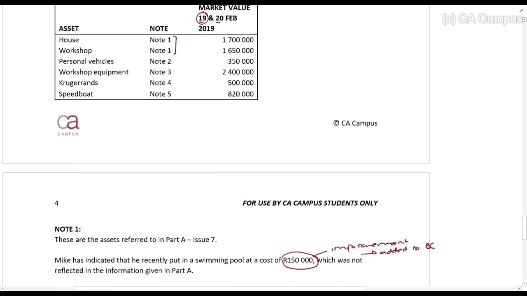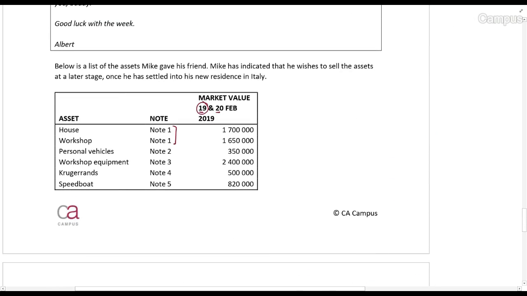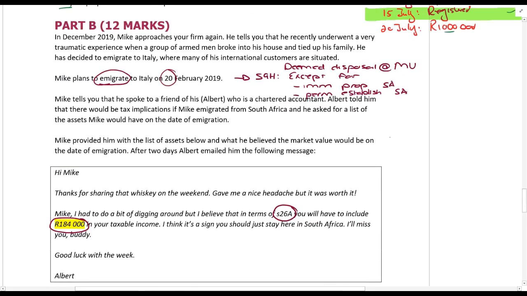But now already, what can we see here? The house and the workshop, these are immovable property in SA. So again, Section 9H says you are treated as if you sold everything at market value except for immovable property in South Africa and permanent establishment in South Africa.